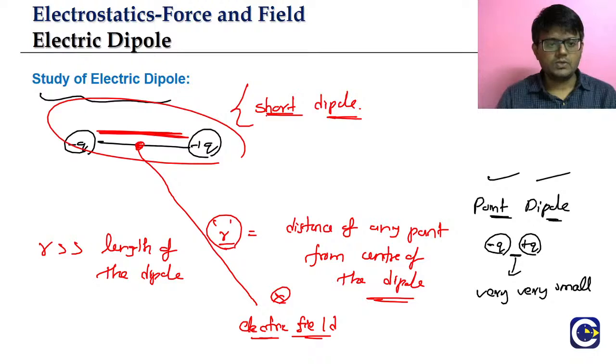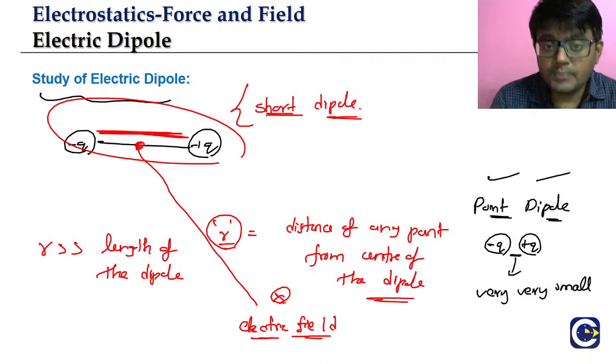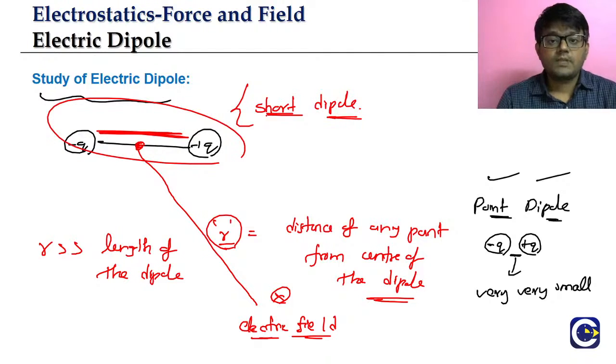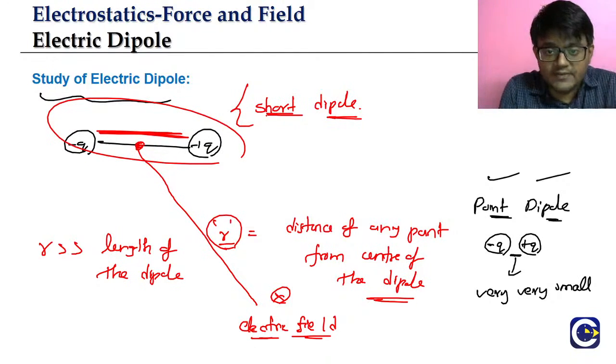Okay? So what is the study of the electric dipole? At least here, what are we going to study? We are going to study the field produced by the electric dipole. Also, if the electric dipole is taken into an already existing electric field, we will try to understand the effect of that existing field on the dipole.